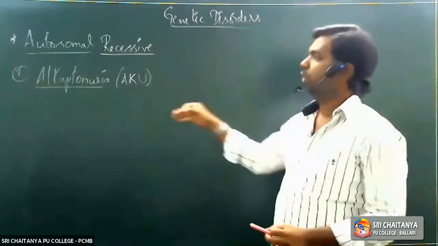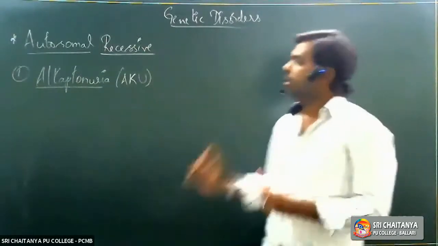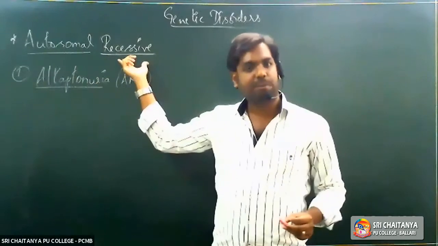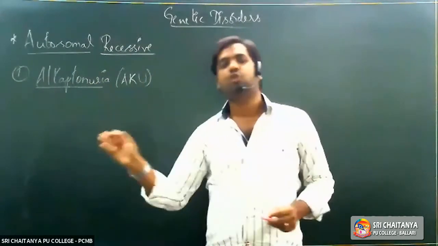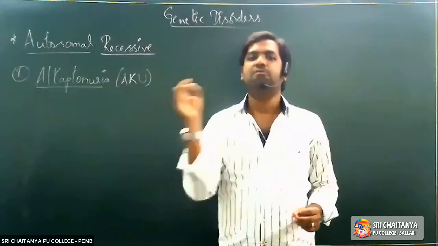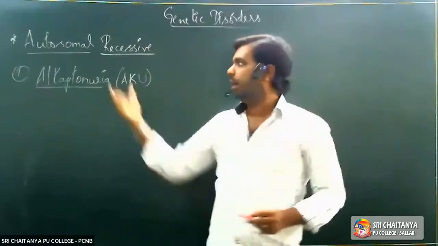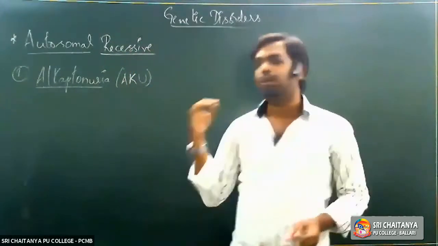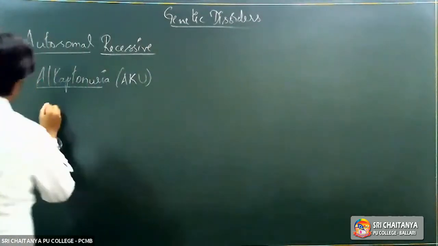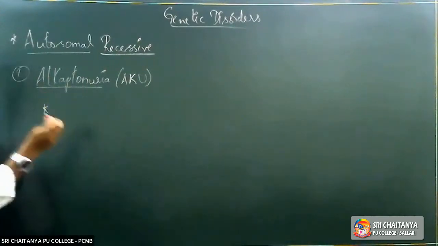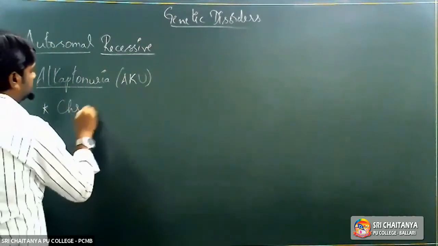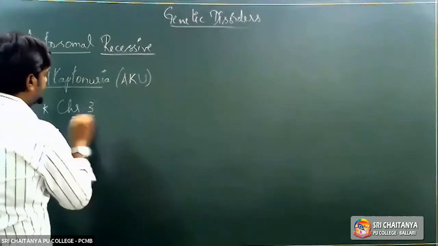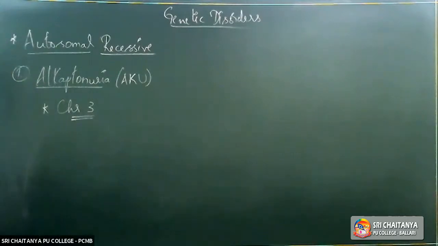Right, so we saw a few things with regard to this yesterday. Now we said that Alkaptonuria is an autosomal recessive disorder. So what does that mean? If this disease has to be expressed, a recessive mutation is required, and that mutation is a recessive mutation in a gene located on chromosome number 3.